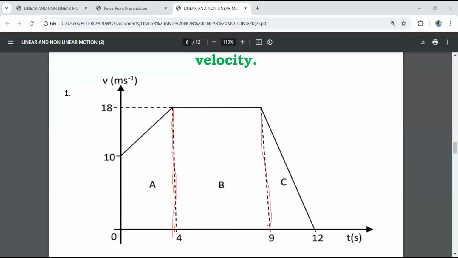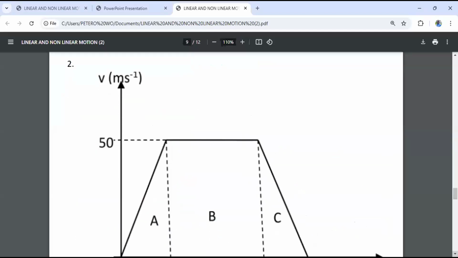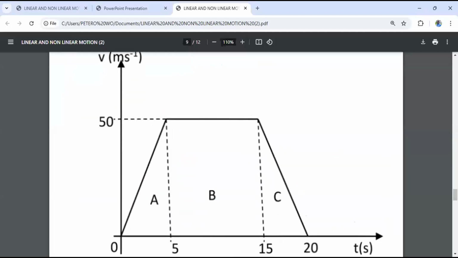When you look at our triangle, this one here is height, which is also 18. So that's why we are having 18 almost in every shape. So even for this one that we are using, you realize that there is a 50 that is shared almost everywhere.